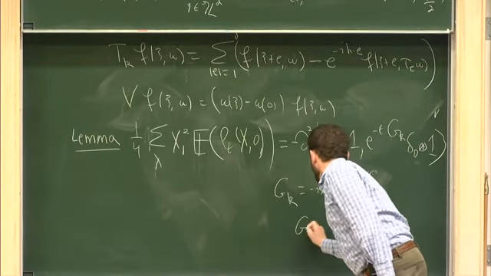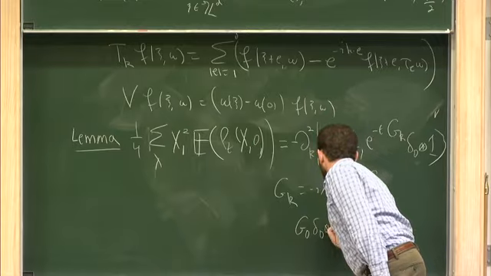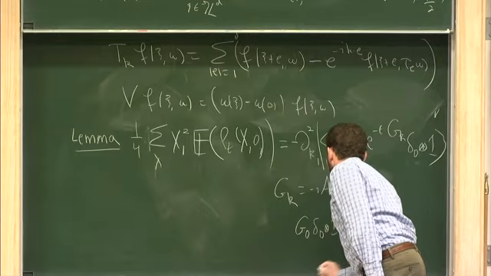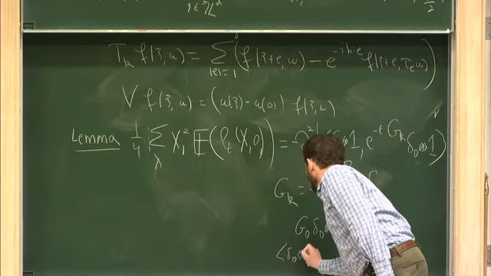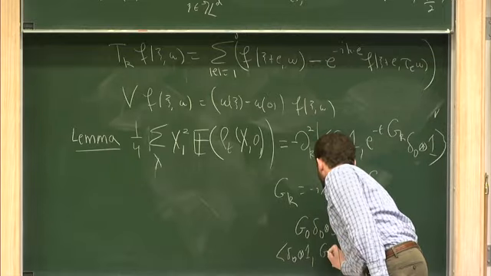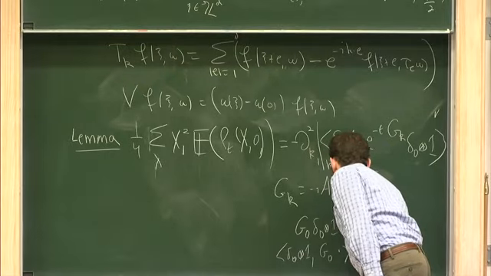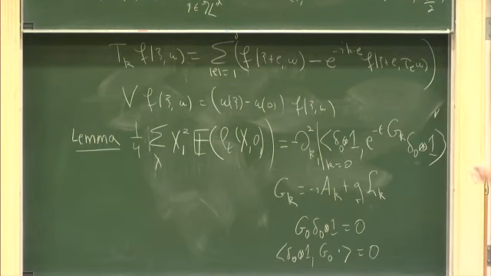So g 0 delta 0 tensor 1 is 0, and also from the left, in other words, the adjoint of g acting on that gives 0. Okay, and this is key.